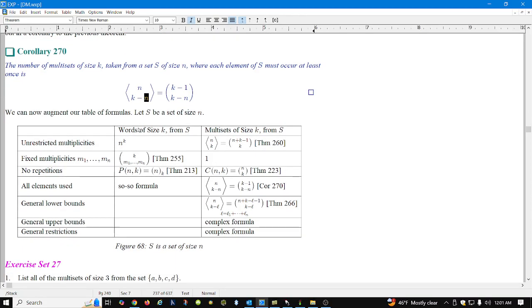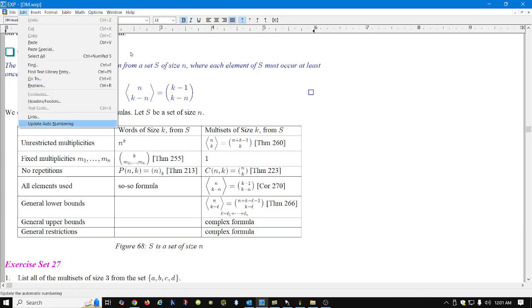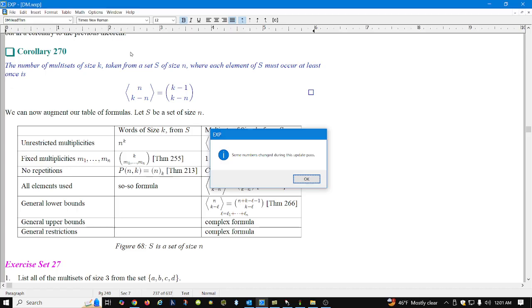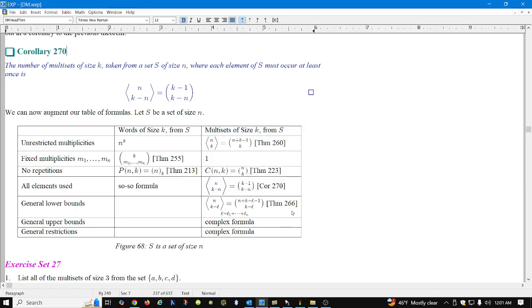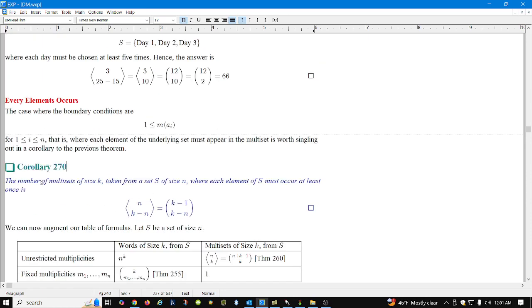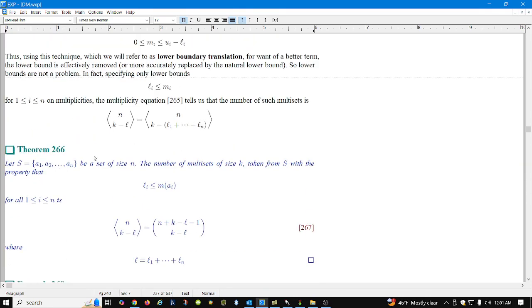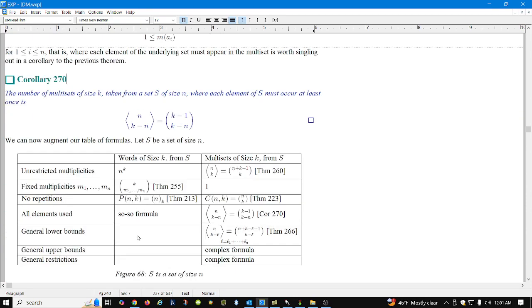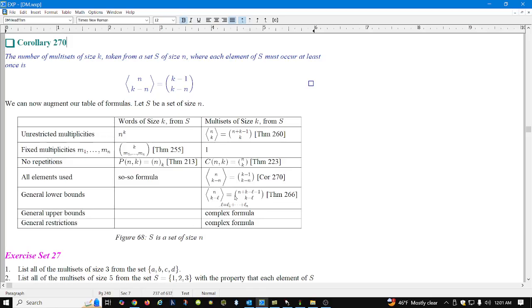Well, now we can fill in 2 more cells here in our table. The theorem we just gave, let's see if I updated the numbers here correctly. Okay. Theorem 266, which is our main theorem here, fills in this cell. These are the multisets of size k taken from S with general lower bounds, no upper bounds.